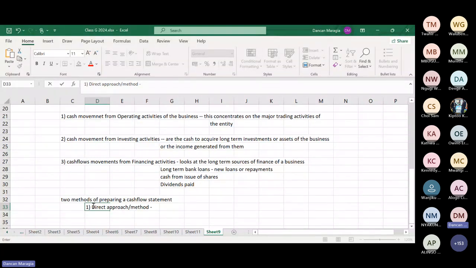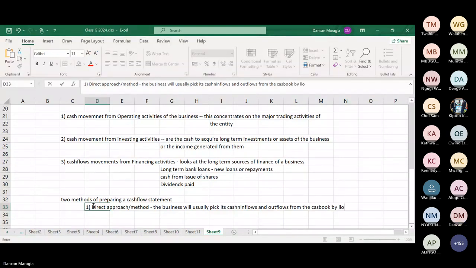So for the direct approach, the business will usually pick its cash inflows and outflows from the cash book by looking at the payments and receipts, and then classifying them to their different headings.